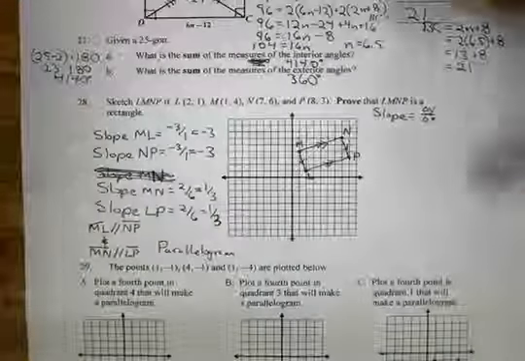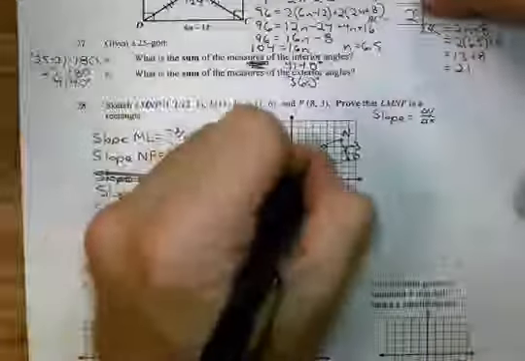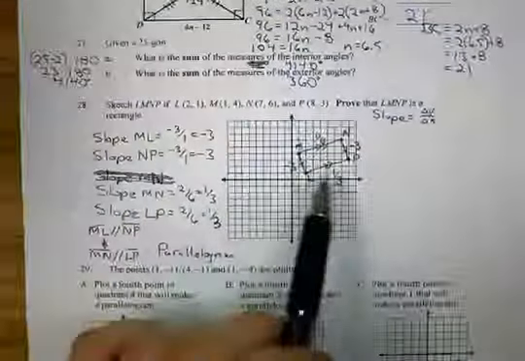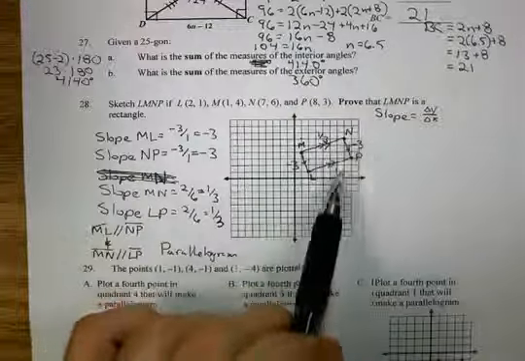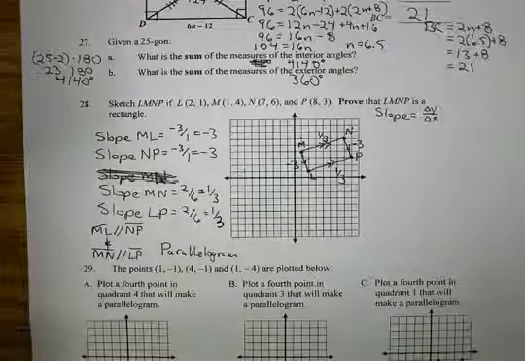Now, before I do that, I'm just going to write the slopes I have. -3 here, -3 here, 1/3, 1/3. So really, if I multiply any two next to each other, I'm essentially multiplying -3 and 1/3. Those are the slopes of any two sides next to each other.